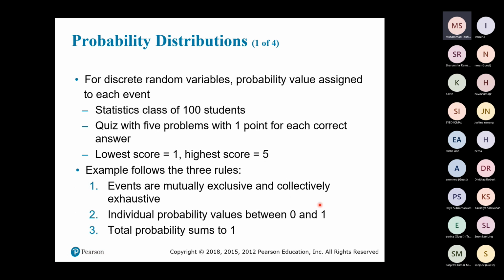Pemboleh ubah rawak ni selalunya biasa kita akan jumpa, sebab pemboleh ubah rawak ni adalah nombor yang kita nak tahu. Contoh macam tadi lah, kita set condition, kita nak buat RM10,000 jualan pada bulan ni. Jadi berapa ramai orang kita kena tarik untuk beli barang-barang kita.